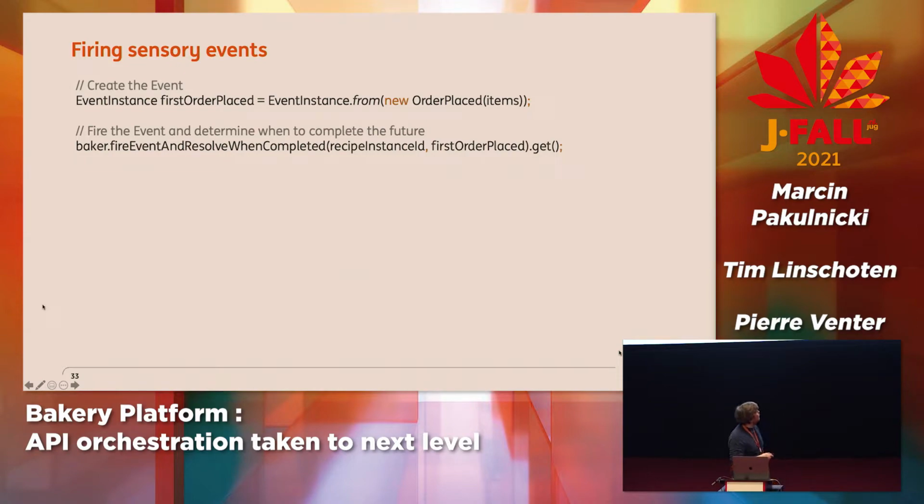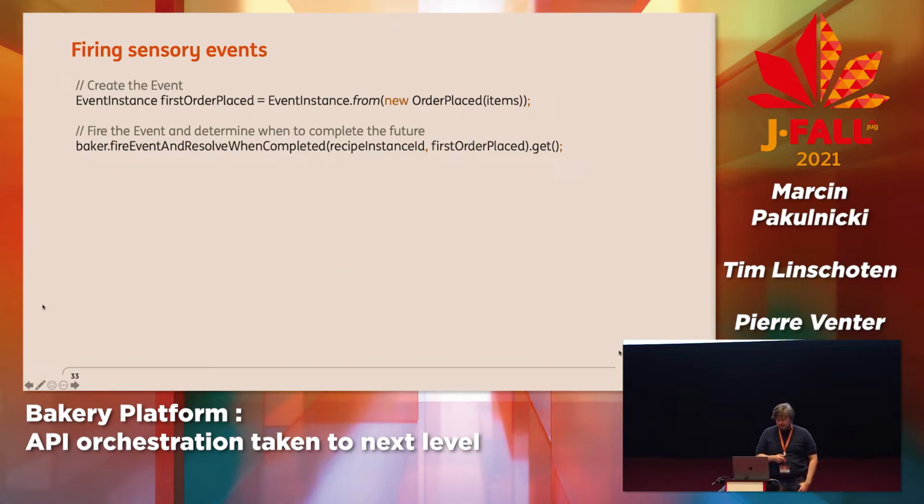So the next thing is we need to fire events into the baker runtime. So these are happenings outside of the model. Most of the time, this is an API call on you, or maybe on the front end, someone has clicked. The client has clicked something. So the first thing is we create an event instance for the order placed with the items you want to have reserved. I'll show you this in the demo.